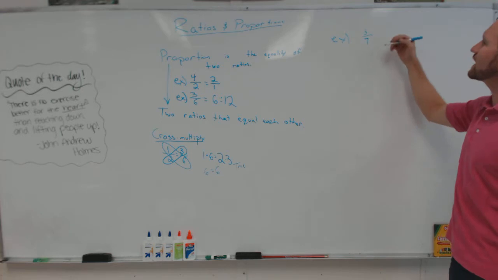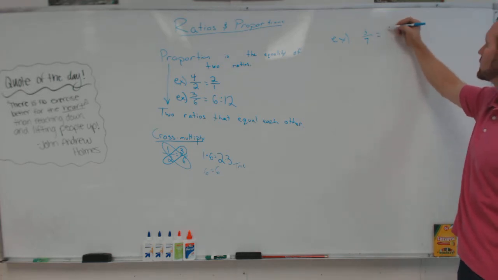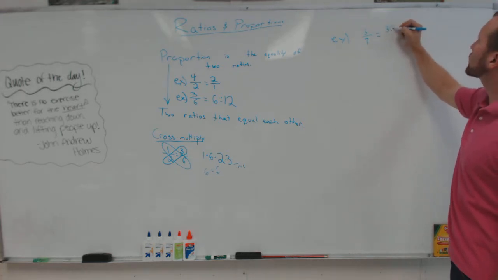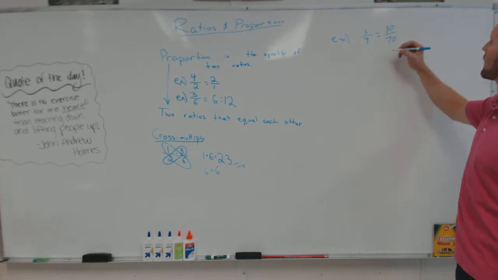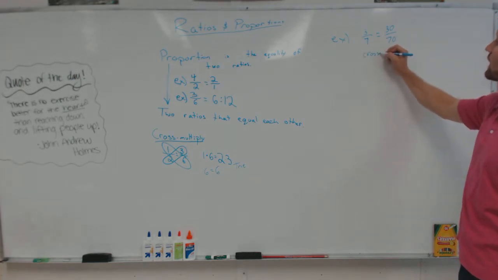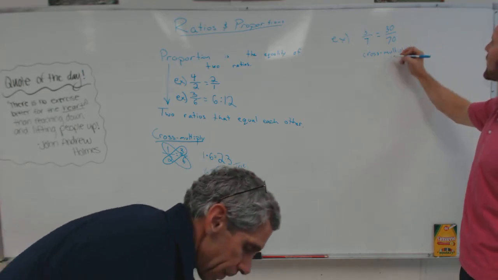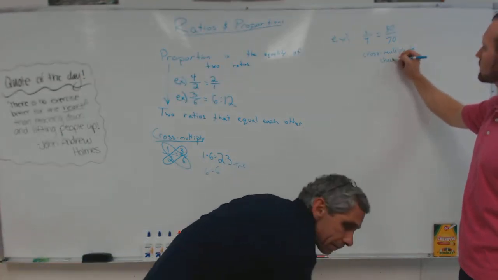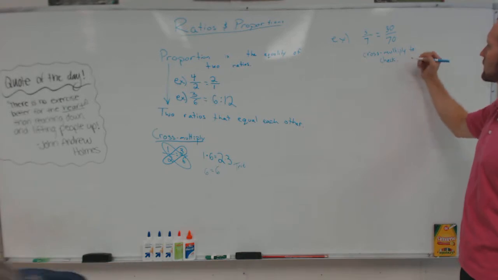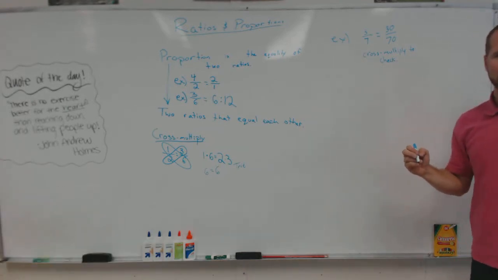So 3 over 7 equals, let's say, 30 over 70. And if I said cross multiply to check, what would you do? Ben.